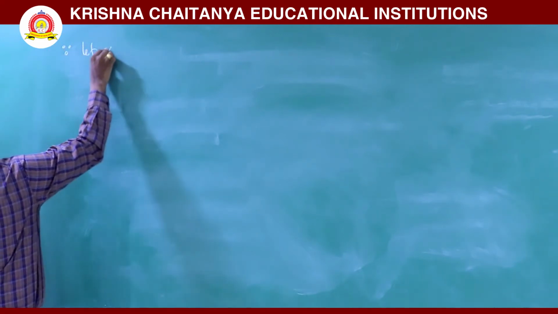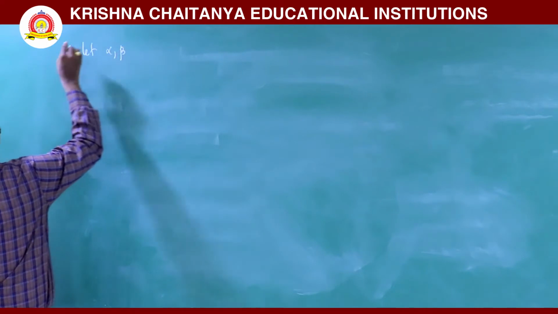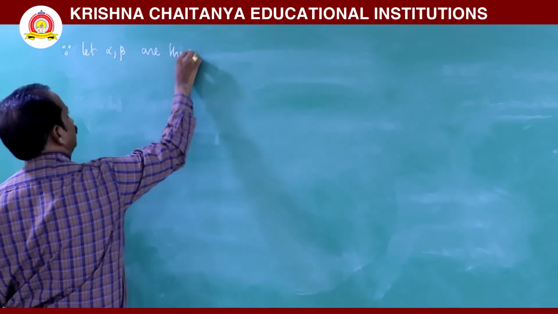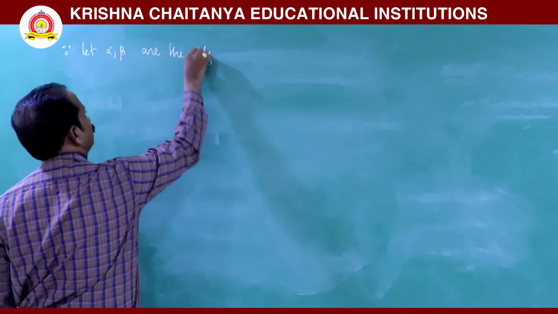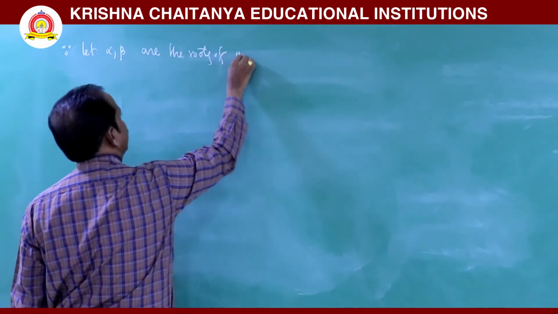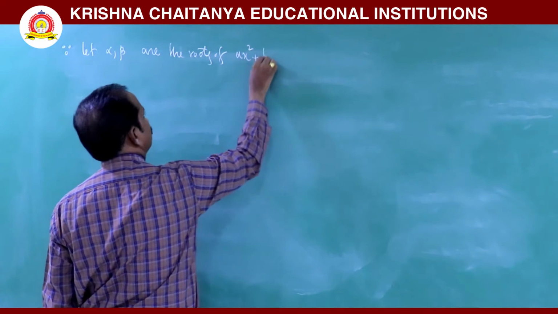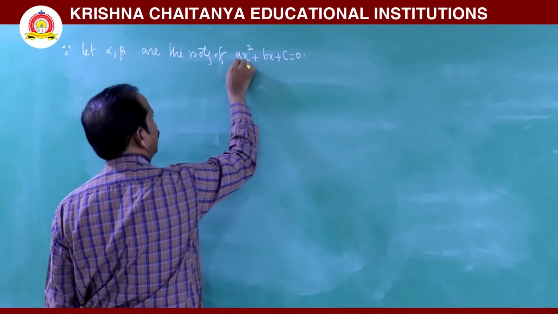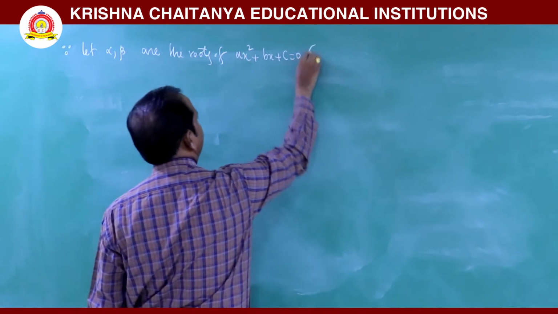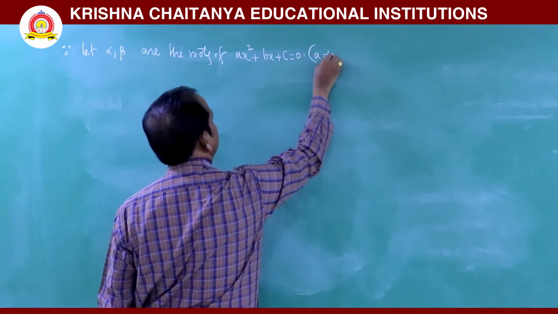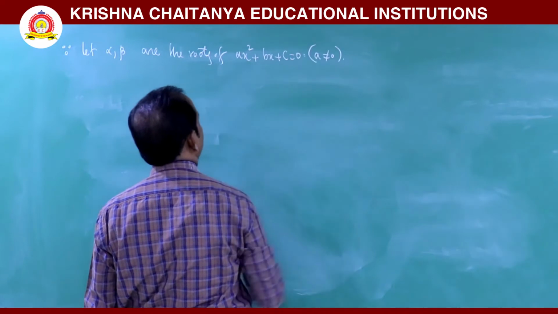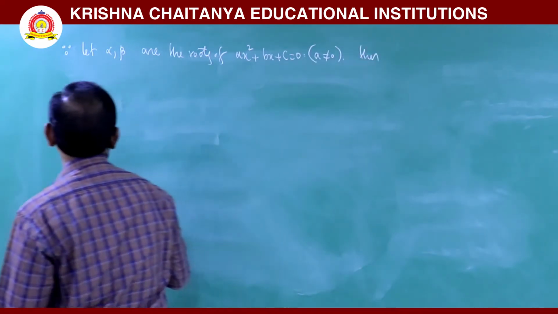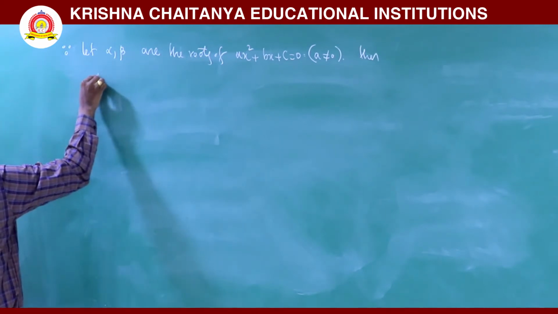Let alpha, beta be the roots of ax square plus bx plus c is equal to 0, with condition a not equal to 0 and a, b, c belongs to R. Then calculate the following values.